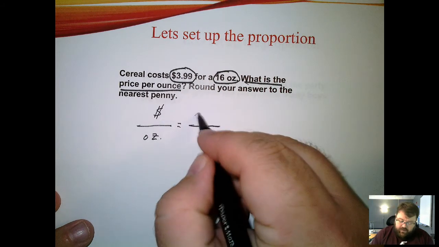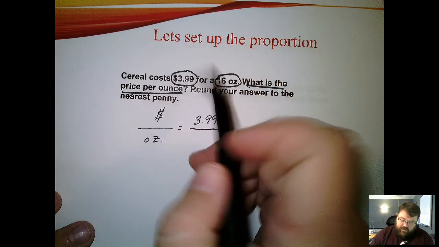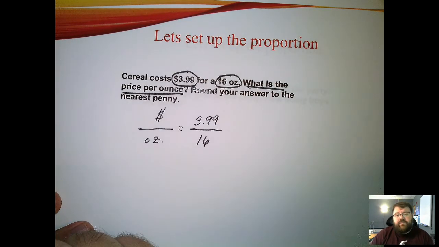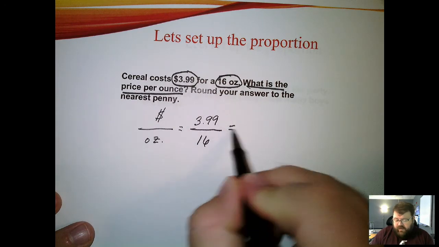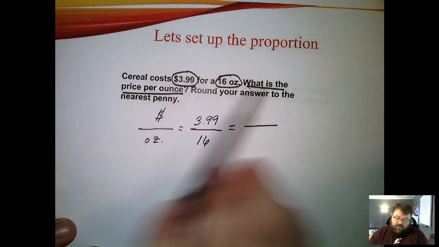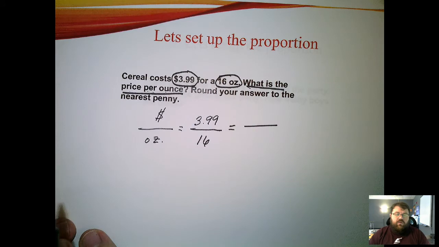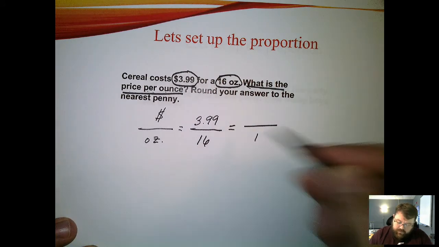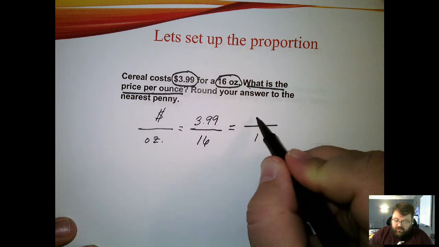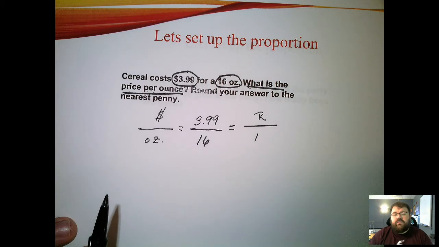The 3.99 is going to have to go on top because that's where I put the money. 16 goes on the bottom because that is where I put the weight. Now there will always be a third number, and in this case it is what is the price per ounce. Per ounce meaning 1 ounce. The 1 goes here, therefore I'm going to change this and make it an R. Your variable has to go here.